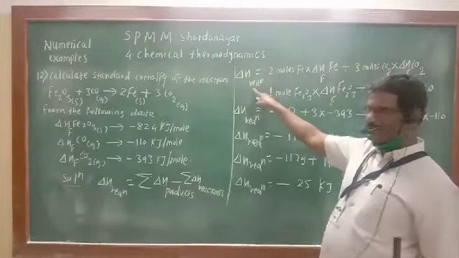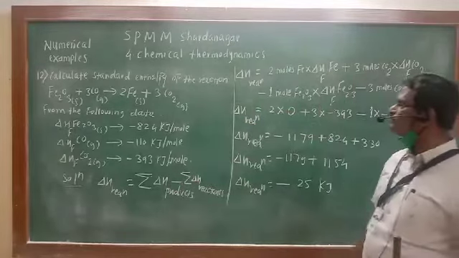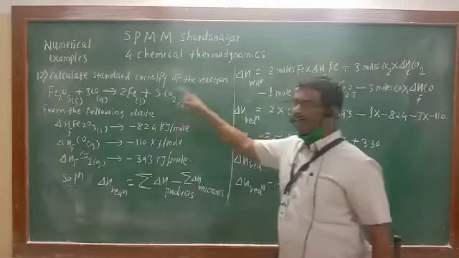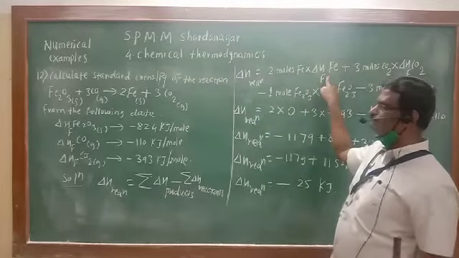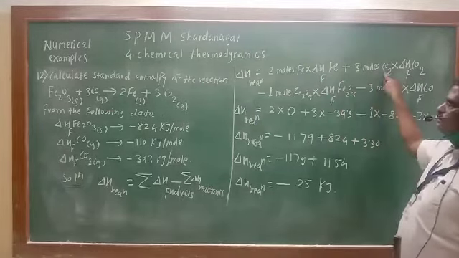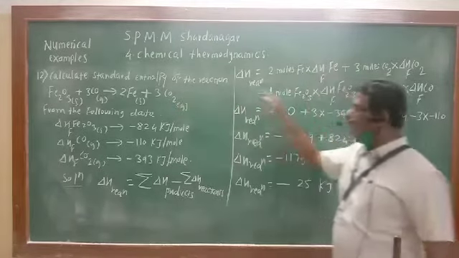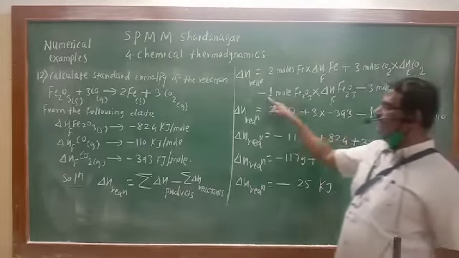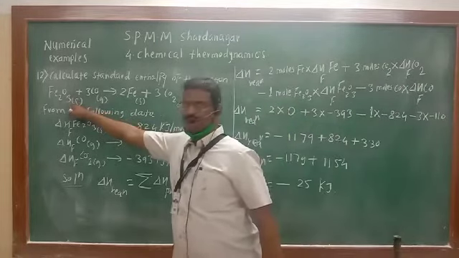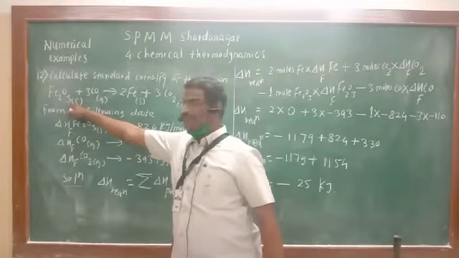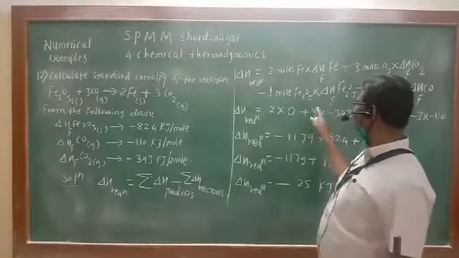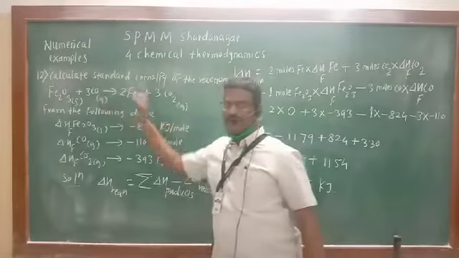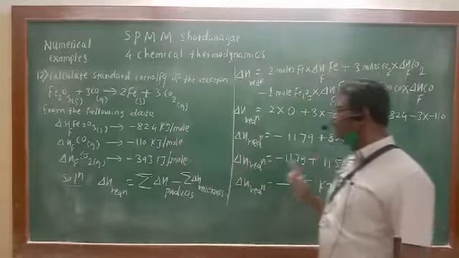So substituting the values, it is 2 moles of Fe multiplied by enthalpy of formation of Fe, plus 3 moles of CO2 multiplied by enthalpy of formation of CO2, minus reactant, means minus 1 mole of Fe2O3 into enthalpy of formation of Fe2O3, then minus 3 moles of carbon monoxide into enthalpy of formation of carbon monoxide.